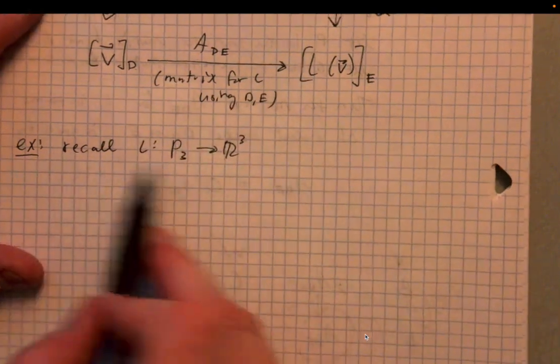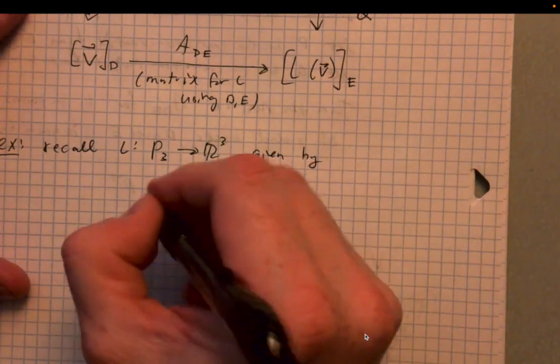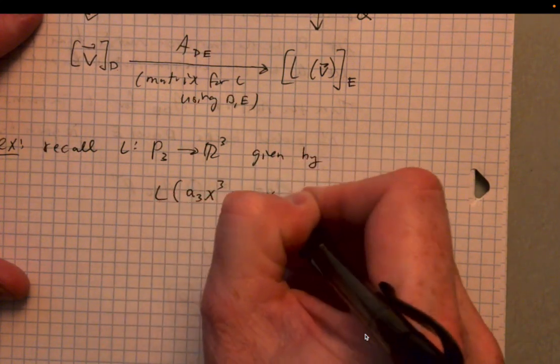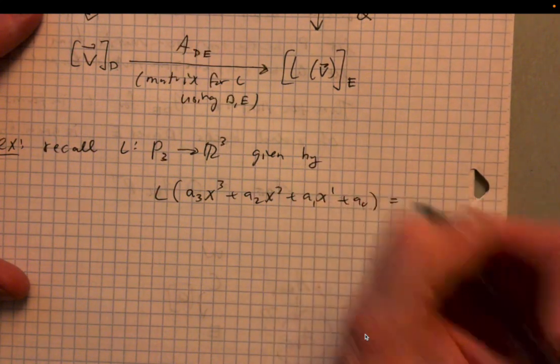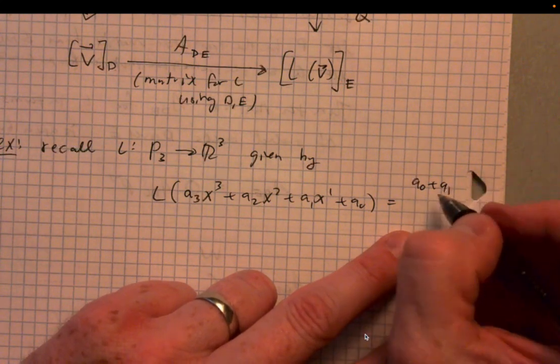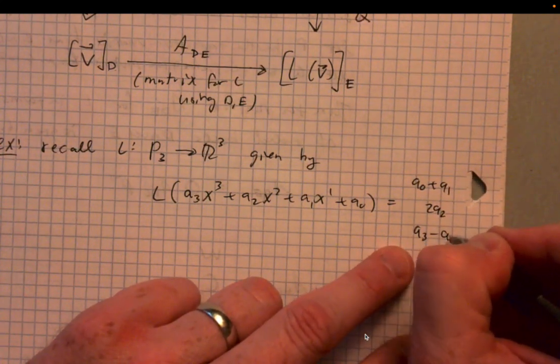But here was L. Here's L, and it was given by, remember, L of A3x cubed plus A2x squared plus A1x plus A0 is equal to A0 plus A1, and then 2A2, and then A3 minus A0.